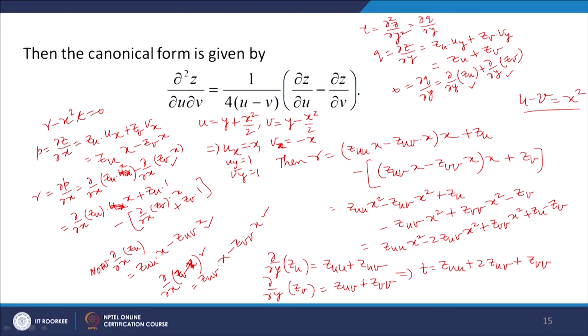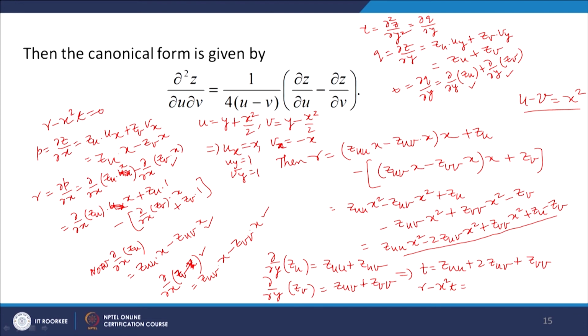Now, R minus x square into T: from R we subtract x square times T. So, x square into zuu will cancel, and x square into zvv will also cancel.